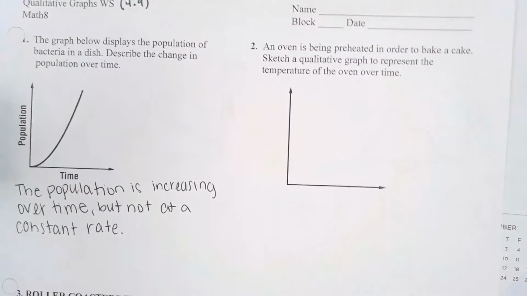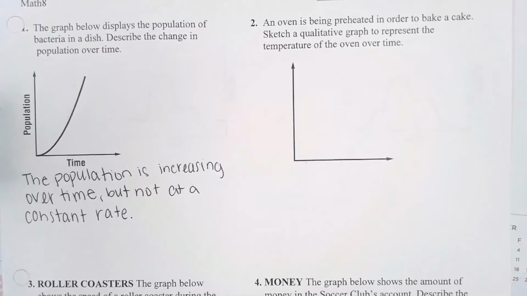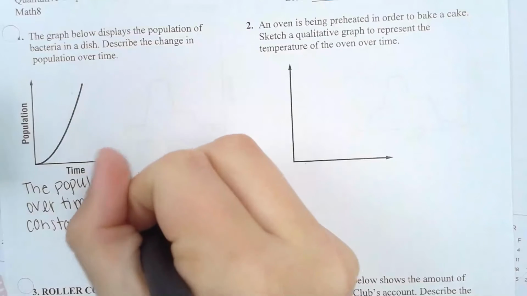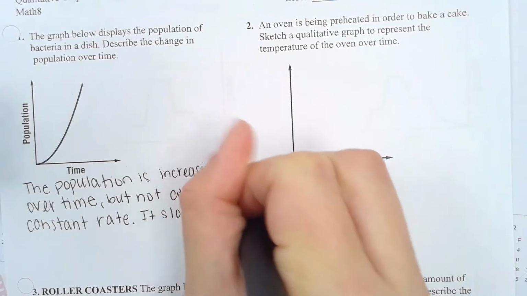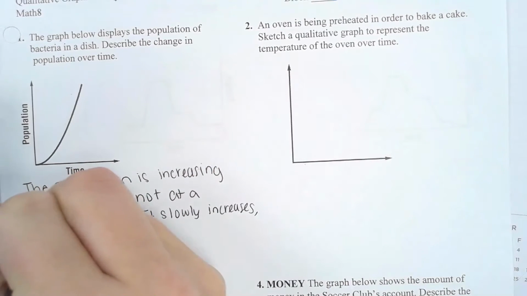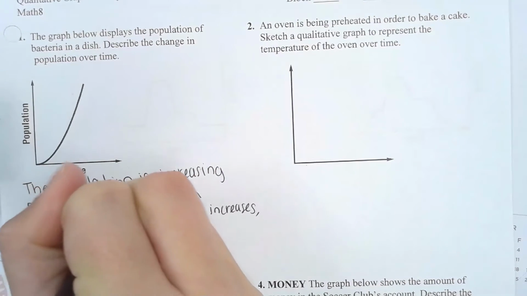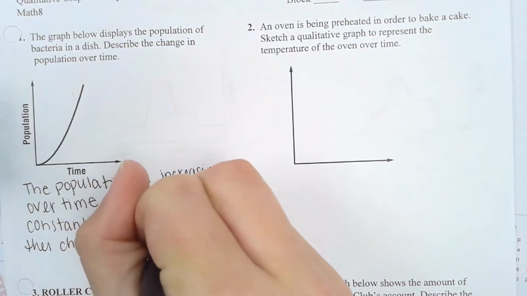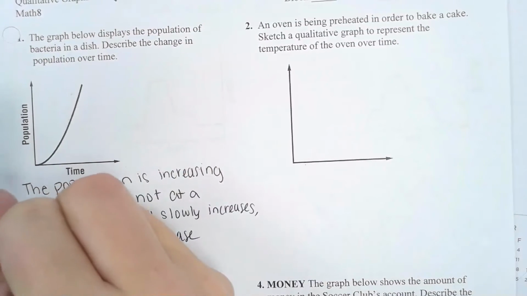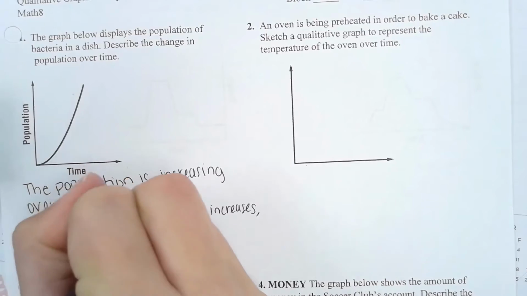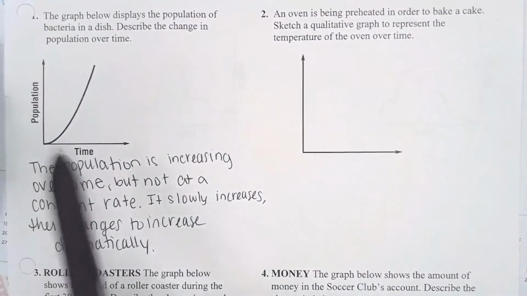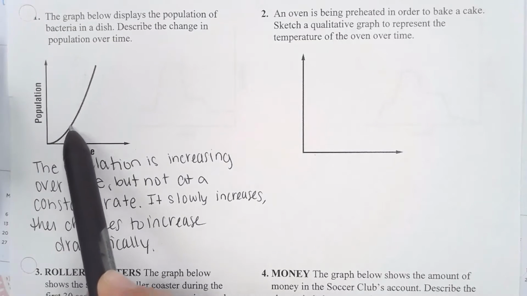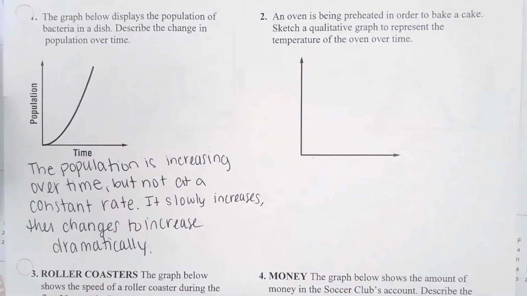And then if you want to go into more detail, you can write it slowly increases, then changes to increase dramatically. Because as you can see, it slowly increases, and then all of a sudden it goes really high up, which means that it does increase dramatically over time.